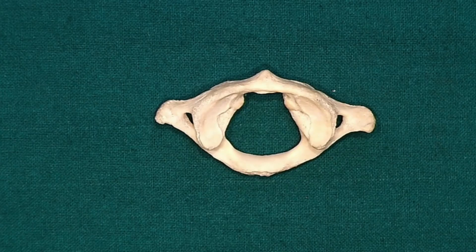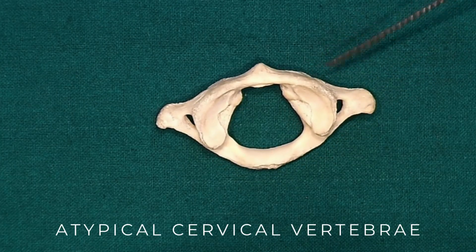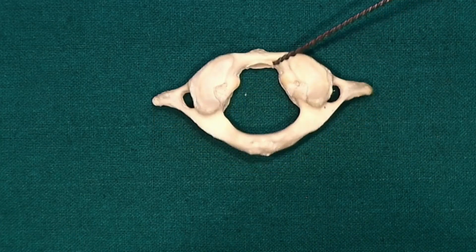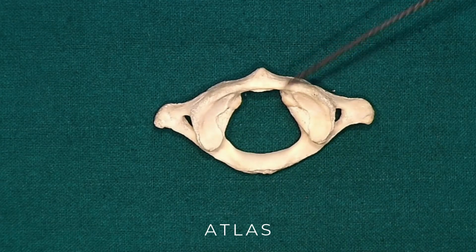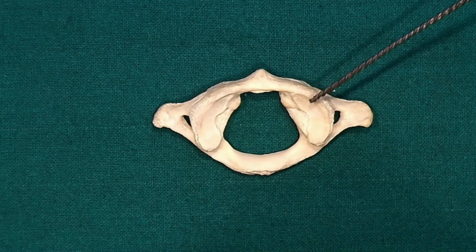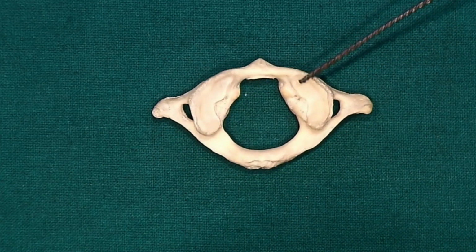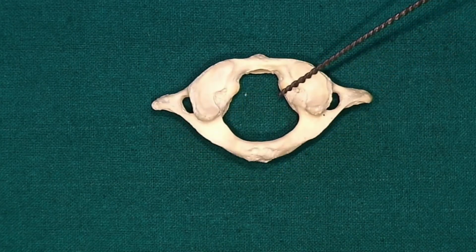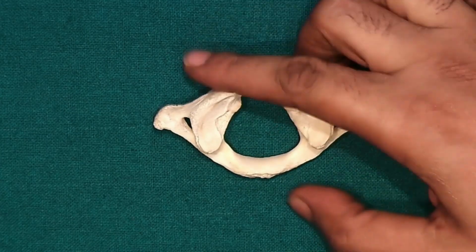So let's continue our discussion and move to the atypical vertebrae. This you can see is the first cervical vertebra, which is also known as the atlas. It is named after the Greek mythology character Atlas, who used to carry the globe on his shoulders. Just like that, we can see that the superior articular facets of the atlas are going to articulate.